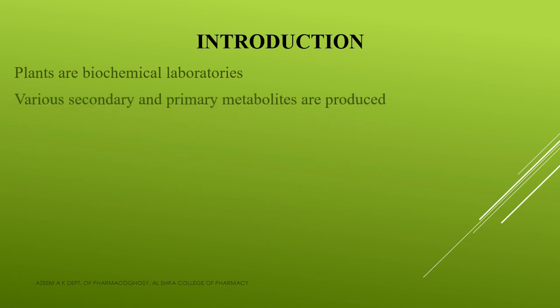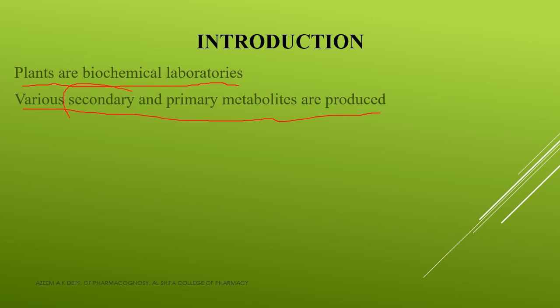Here you already know that plants are biochemical laboratories. In a laboratory, a lot of compounds are synthesized as well as produced. Likewise, plants are also biochemical laboratories, and in plants various secondary as well as primary metabolites are produced.